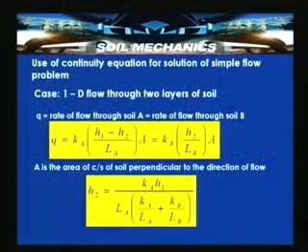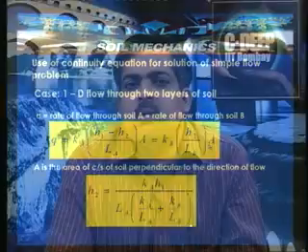So, Q is equal to Ka into (H1 minus H2) by La into A is equal to Kb into H2 by Lb into A. At point 1 the available head is H1, and at point 2 it is H2, so the total loss occurring between point 1 and 2 is H1 minus H2.